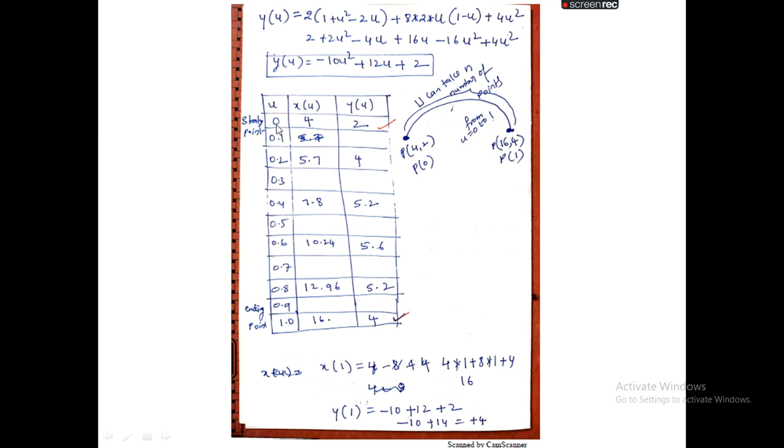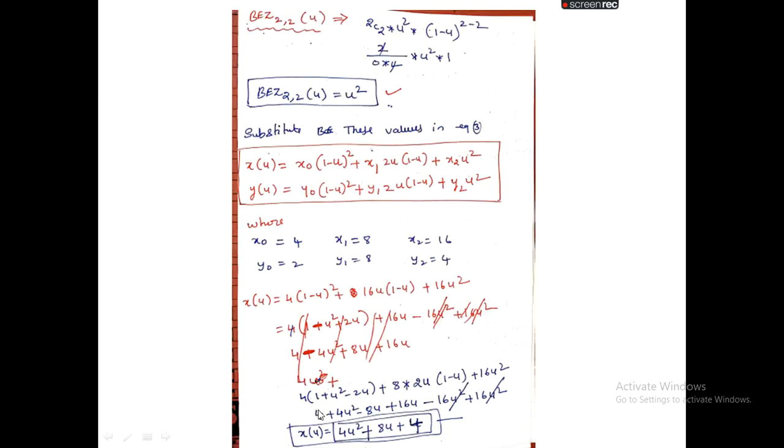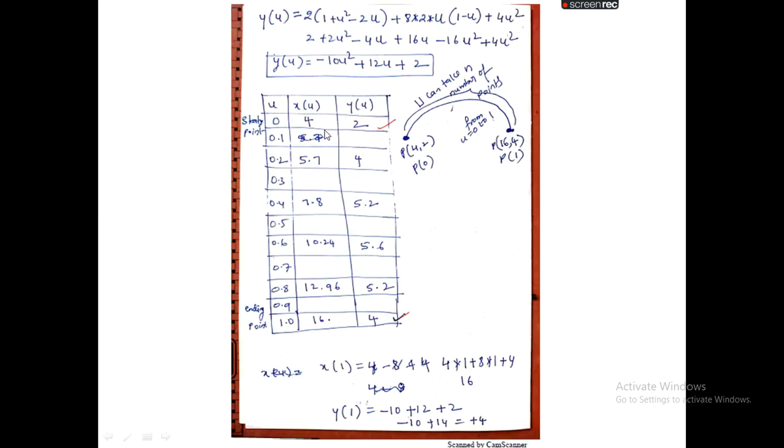Let us start substituting u value 0. When you substitute u value 0 in this equation, you get x of u equal to 4. I wrote x of u equal to 4 here. If I substitute u value equal to 0 in this equation, then I will get y of u equal to 2.